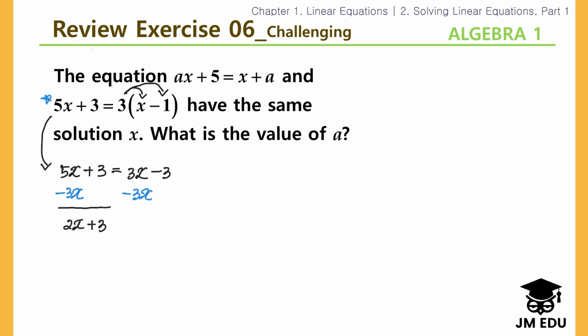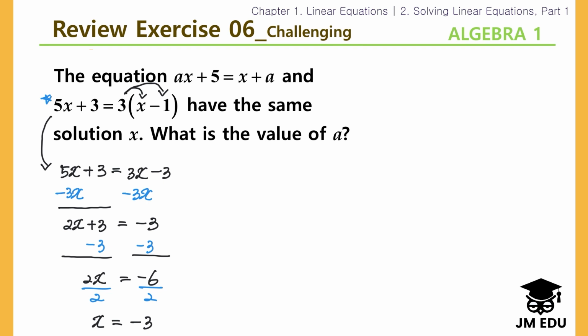And we have a plus 3 here, and this is minus 3, right? The next step, we're going to eliminate 3 on the left hand side by subtracting 3 each side. So 2x plus 3 minus 3, that's 2x. This is going to be negative 3 minus 3, minus 6. Now, divided by 2 gives us the solution x equals negative 3, right?